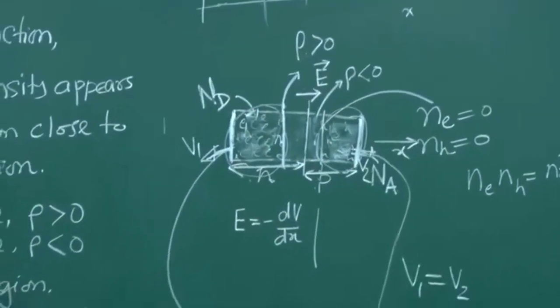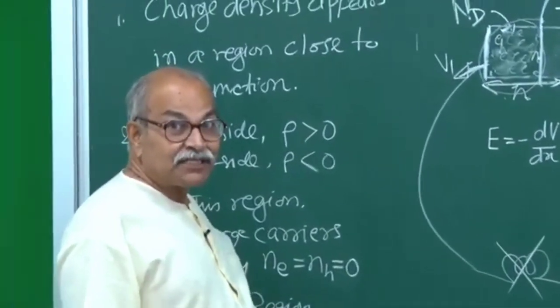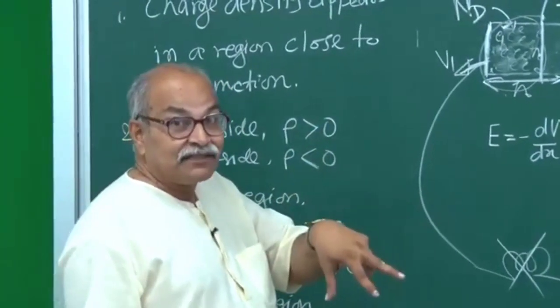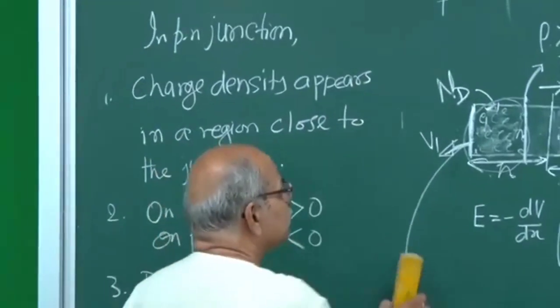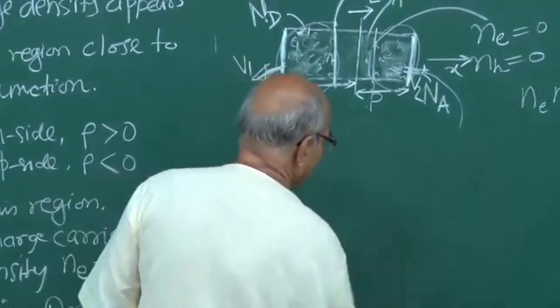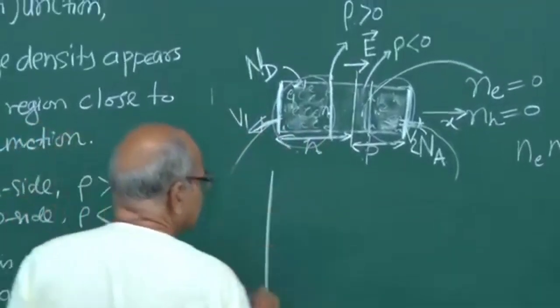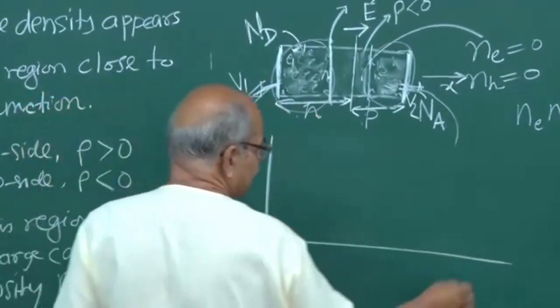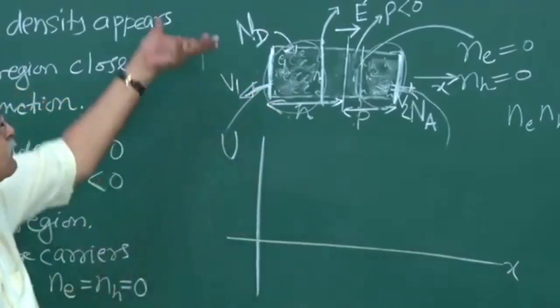And if you think of an electron, the energy of the electron is Q times V, negative of that. So if you plot another graph, the energy U of the electron versus x, since it is negative, this whole thing will flip.